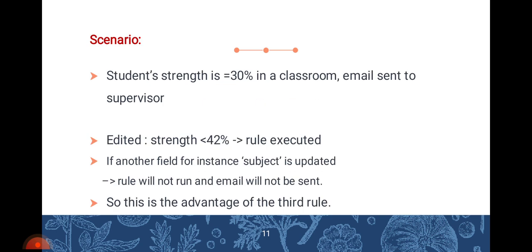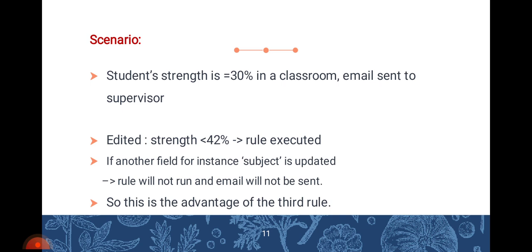Now let's again consider the scenario. The record of the student strength has been set equal to 30%. If the strength is equal to 30%, an email will be sent to the supervisor. Now, the strength has been edited and set to 40%, 42%.